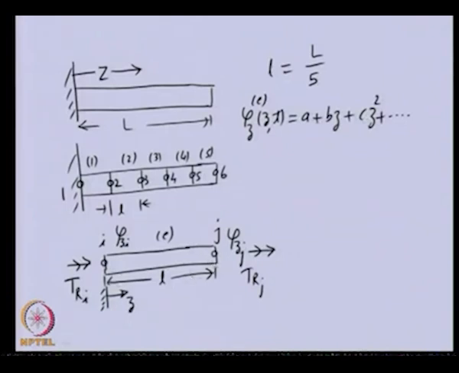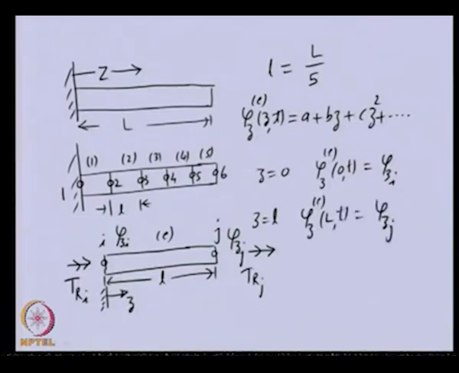Now, once we have chosen the solution in this form, we can see that in this particular case the boundary conditions are: at z equal to 0, the angular displacement of the element is phi_z_i, and at z equal to L, the other end of the element, the angular displacement is phi_z_j.